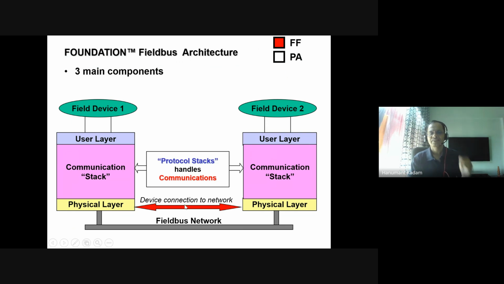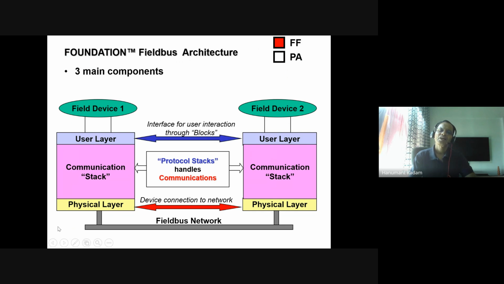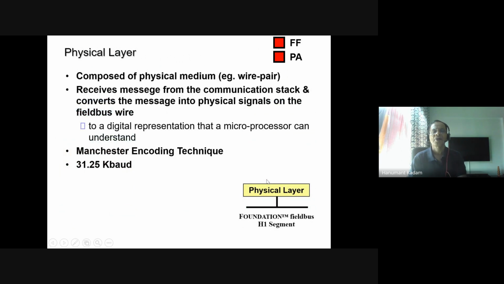The protocol stack handles the communication; this is a protocol by the Foundation Fieldbus organization. The user layer is the interface for user integration through blocks. And these are key FF technology differentiators. When you compare with the OSI model, you can see the three layers: physical layer, communication stack, and user layer.